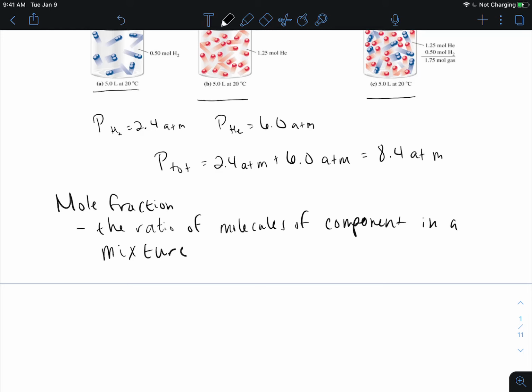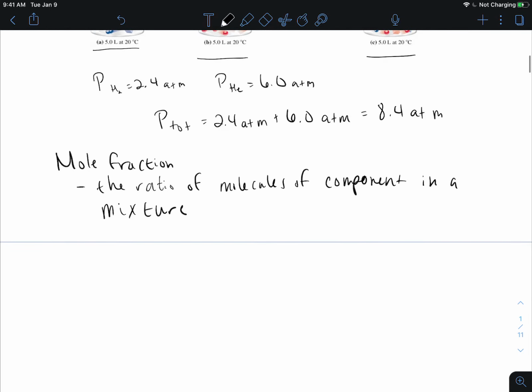We solve for our mole fraction, which is given by this chi here. For the mole fraction of substance A, it'll be equal to the moles of A divided by our total number of moles.